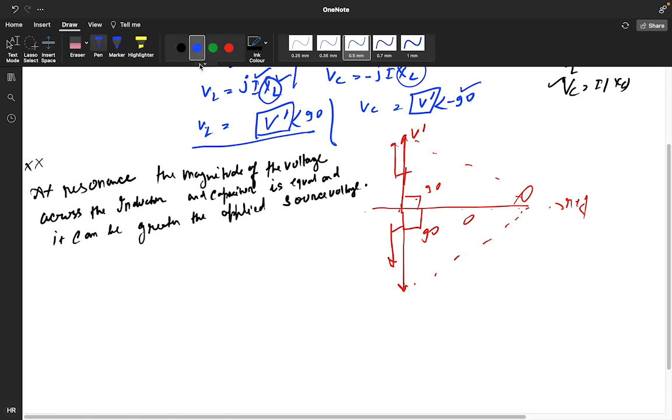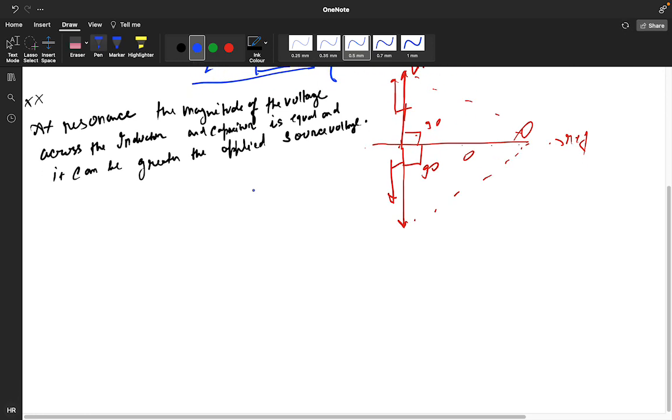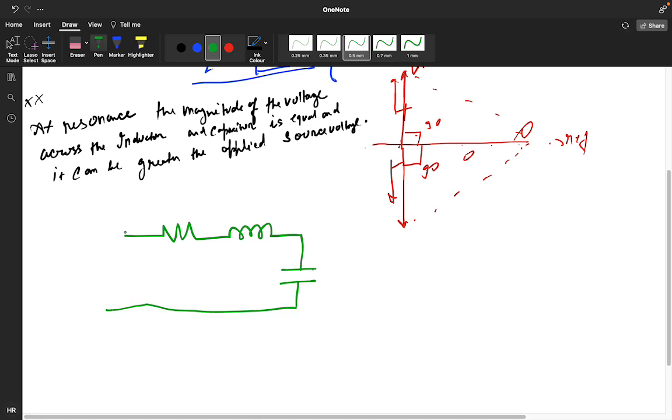You are applying 5 volts and getting more than 5 volts, how can that be possible? Suppose you have an RLC network, and this is your C, and you are giving a supply of 5 sin 5t. So what is omega?